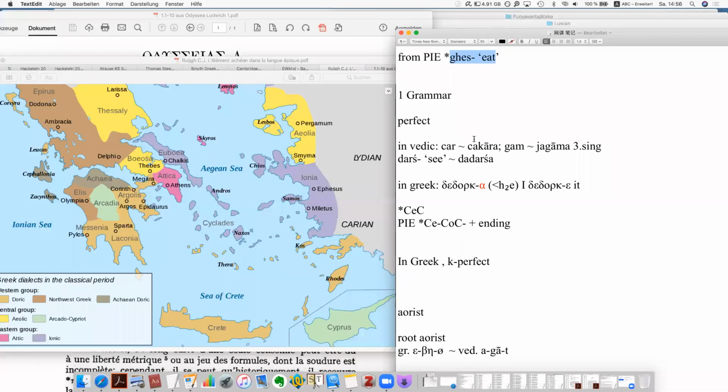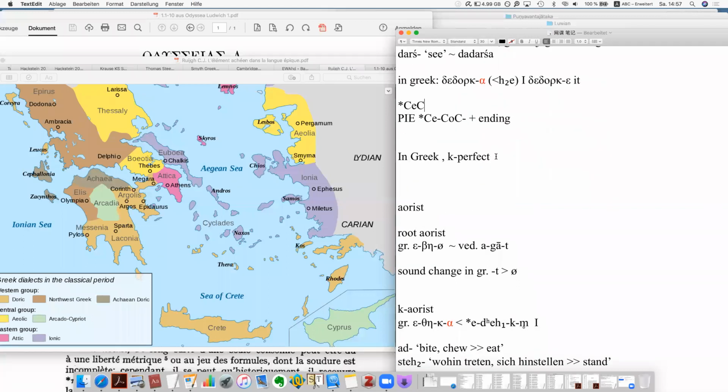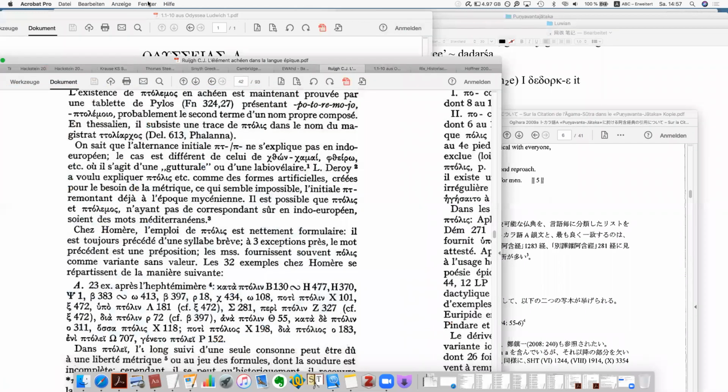We talked about the perfect. This is the classical or standard perfect formation: you use a reduplication and then the O grade of the root. That's why you have chakara and jagama, and also in Greek you have dedorka. But in Greek we also have a K perfect, which is quite popular.